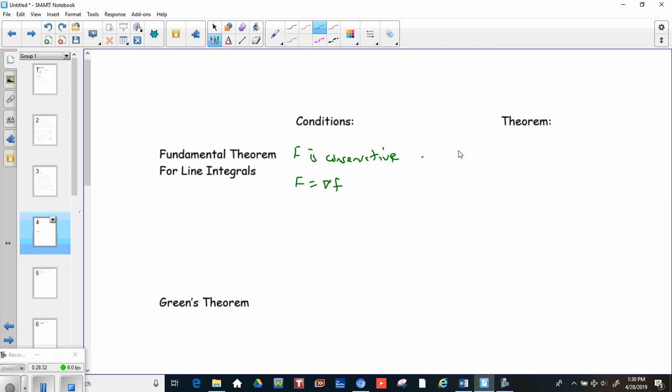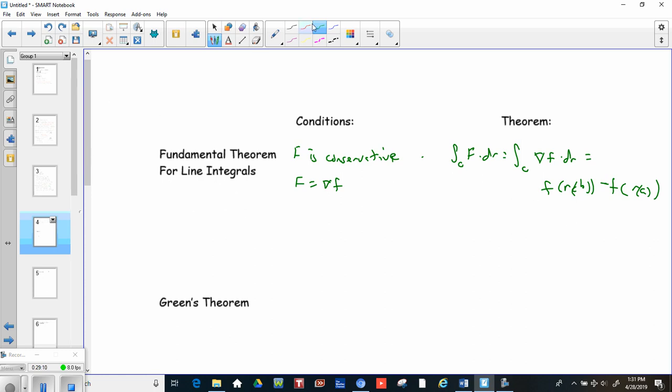So the theorem actually says that the line integral of F dot dr is the same thing as the line integral of del f dot dr, which is the same thing as f of r of b minus f of r of a. Again, you're just evaluating the original function that you could find at the endpoints. And you do have to go through the antiderivative process to get there.